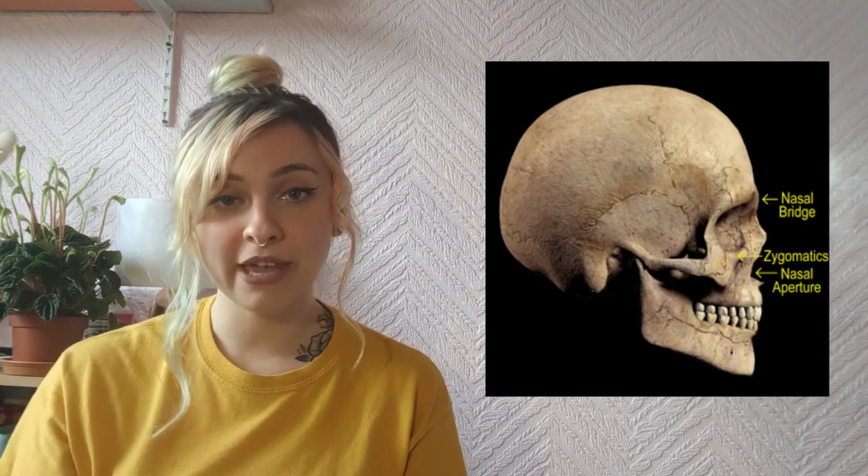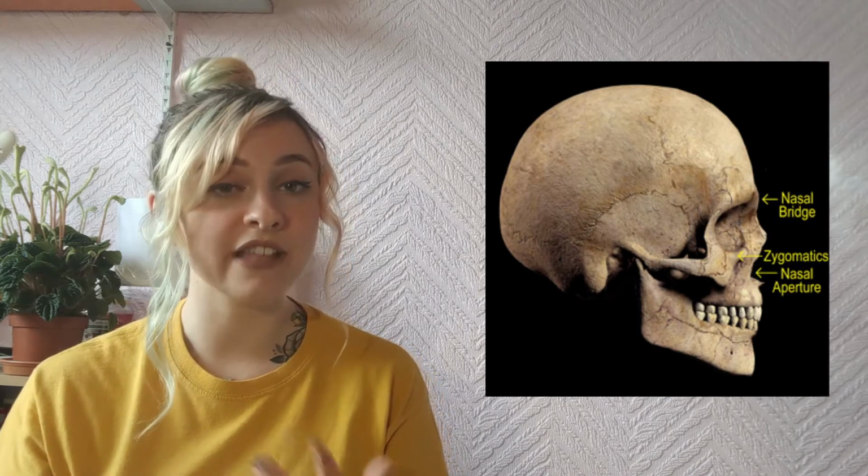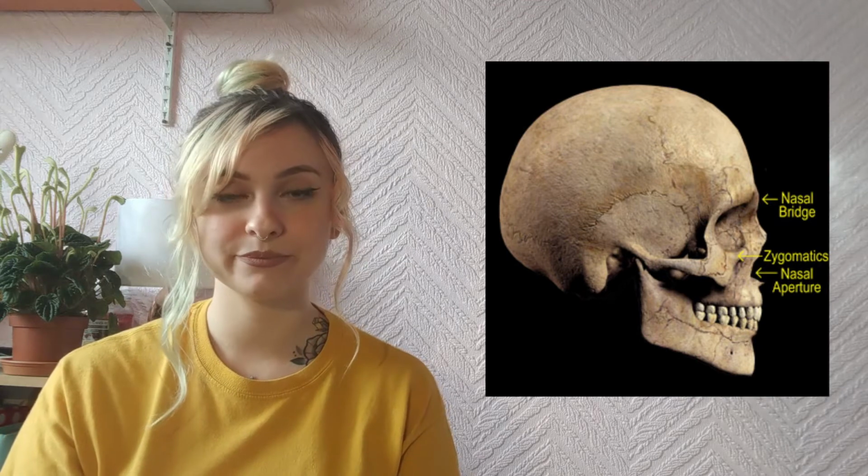Next, we'll move on to the profile view of the skull. So that's looking at the skull from the side, so like this side. And the features we'll be focusing on are the zygomatics and the nasal spine. In skulls of European ancestry, the zygomatics are narrow and retreating, and the nasal spine is well developed.